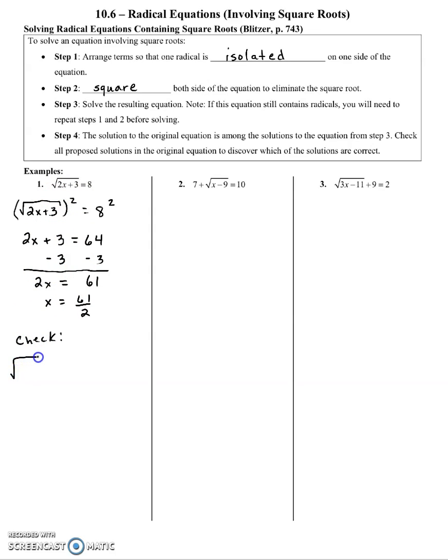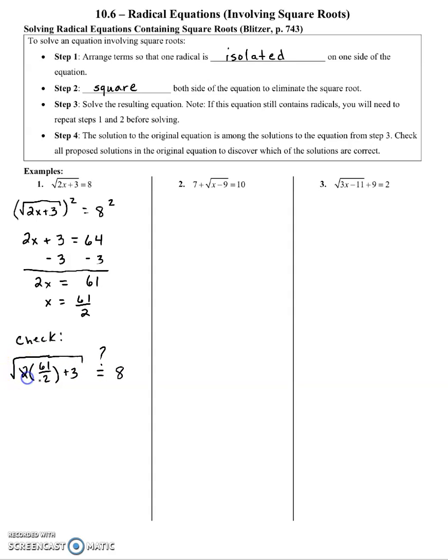So we have the square root of 2 times 61 over 2 plus 3, and we need to know if that gives us 8.